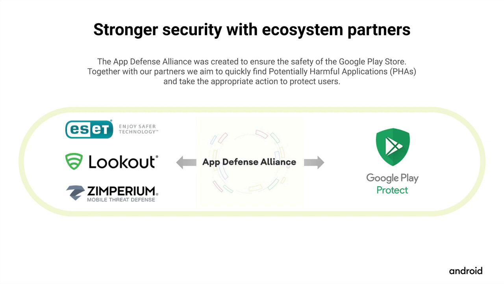And we can actually take the appropriate action and remove those potentially harmful apps from devices as well as the Play Store in a much faster way by using the technologies from these three external partners. So all apps that are now uploaded into Google Play, whether it's public Google Play or managed Google Play, have stronger scanning capabilities to help find potentially harmful apps in and around your enterprise use cases.